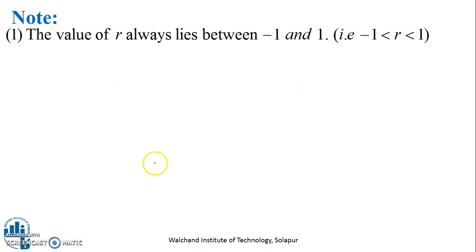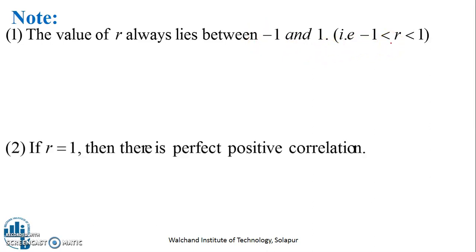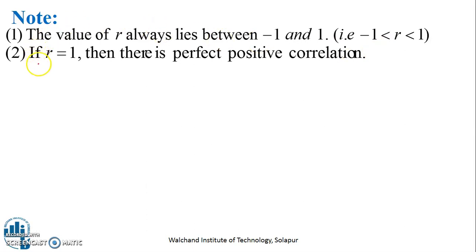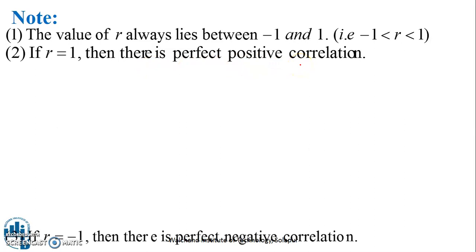Now let us remember the notes about coefficient of correlation. First one, the value of r always lies between -1 and 1. That is, -1 less than r less than 1. Second, if r is equal to 1, then there is a perfect positive correlation between the variables.